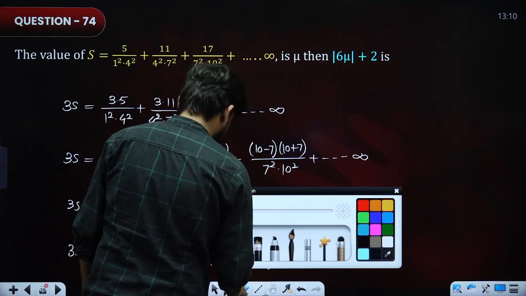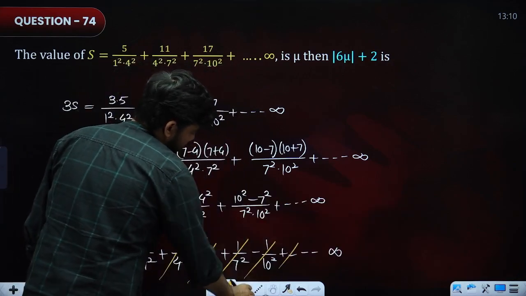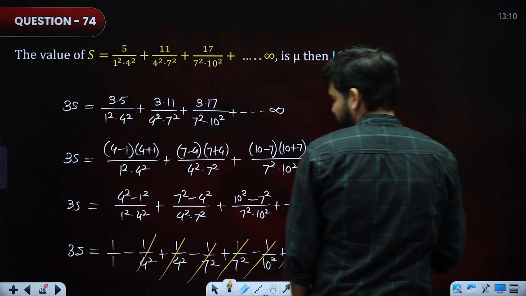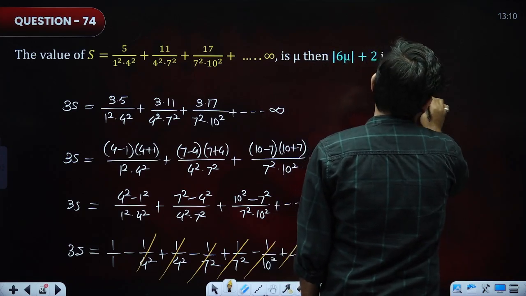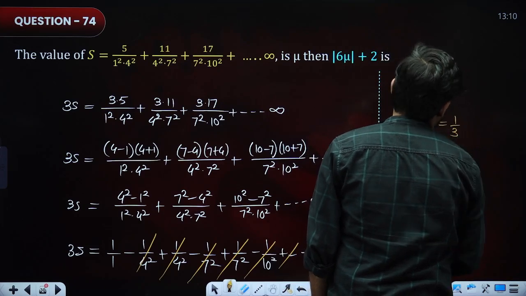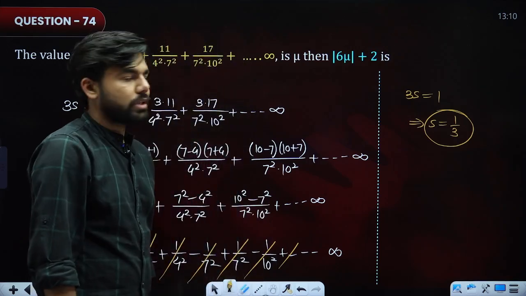As you can see, all the values other than 1 get cancelled out till infinity. Therefore 3S is equal to 1 and S is equal to 1 by 3. We got the value S equals 1 by 3 over here.